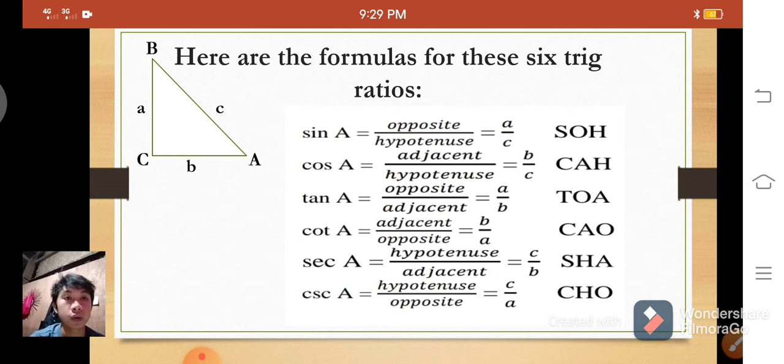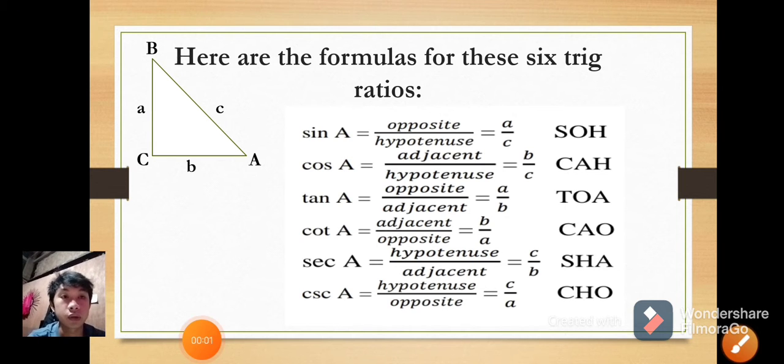TOA stands for tan is equal to opposite over adjacent. Cot is equal to adjacent over opposite. Sec is equal to hypotenuse over adjacent. Cosec is equal to hypotenuse over opposite.